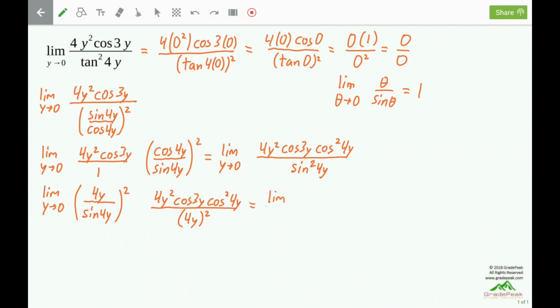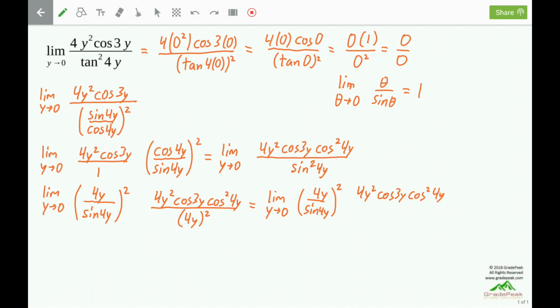And that will give us limit as y goes to 0 of 4y divided by the sine of 4y quantity squared times 4y squared cosine of 3y cosine squared of 4y.